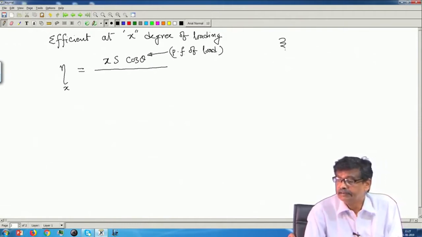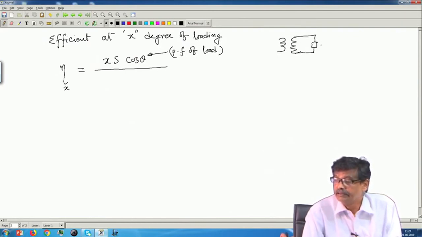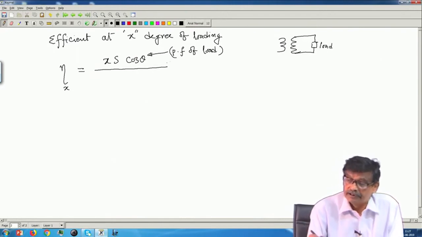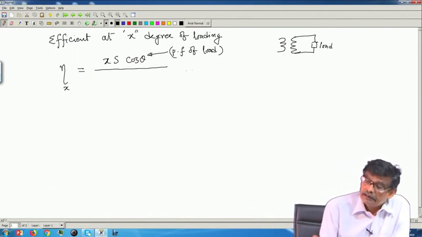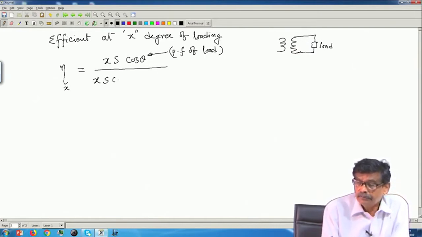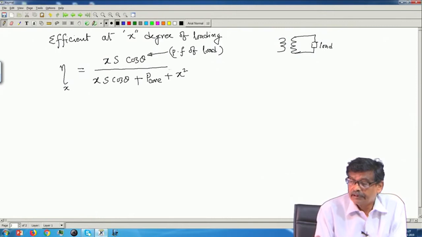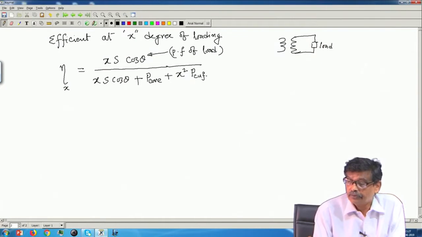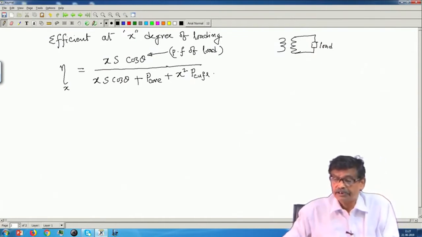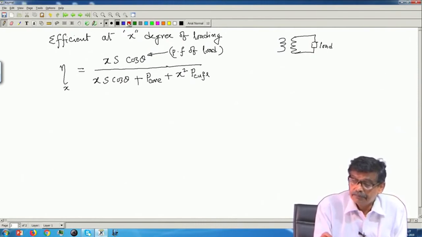This is the actual practical transformer, this is your load with power factor angle theta, and the input kilowatt will be output plus the losses. What are the two losses? One is the fixed loss P core, plus x square into P copper loss at full load. This is the expression for the efficiency, a very important expression.